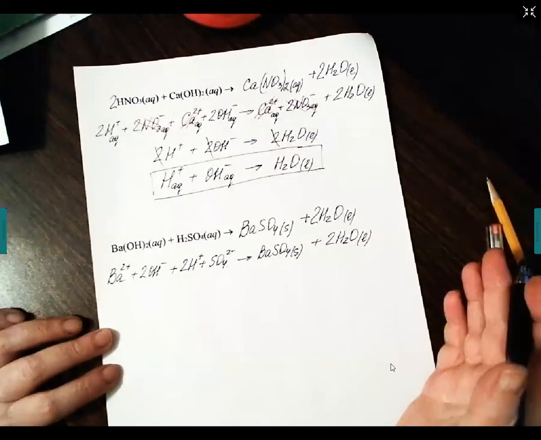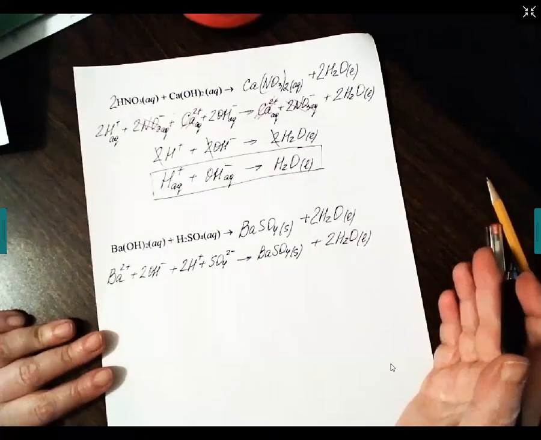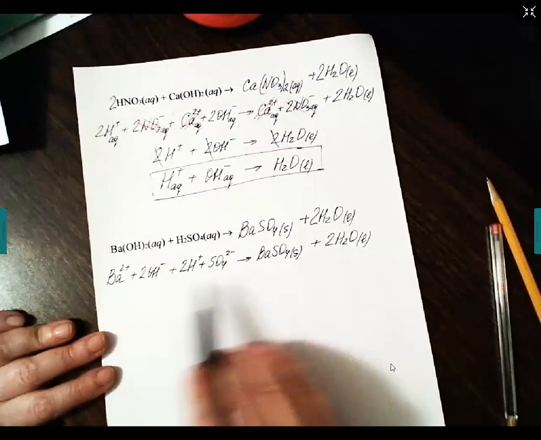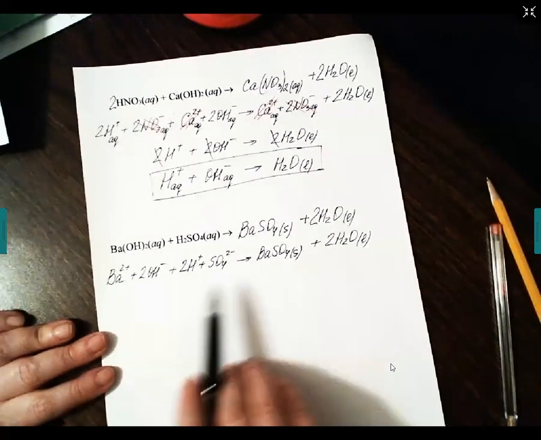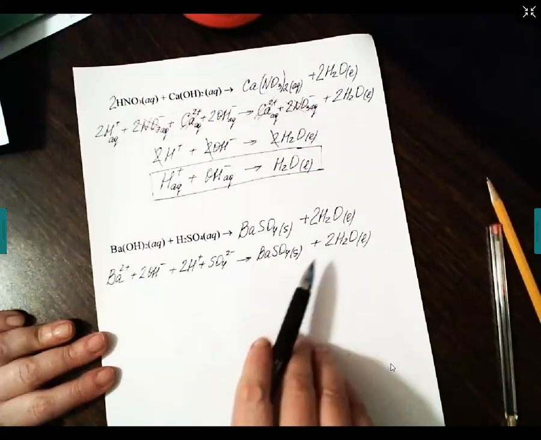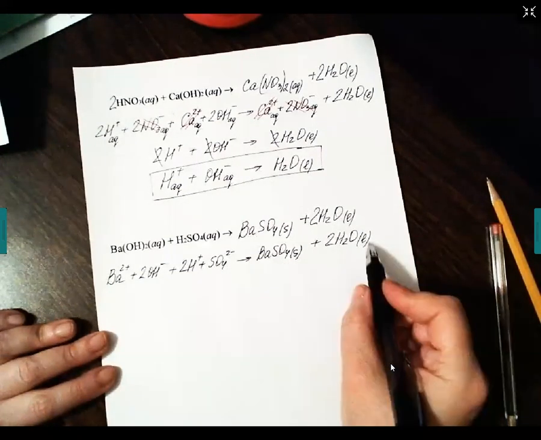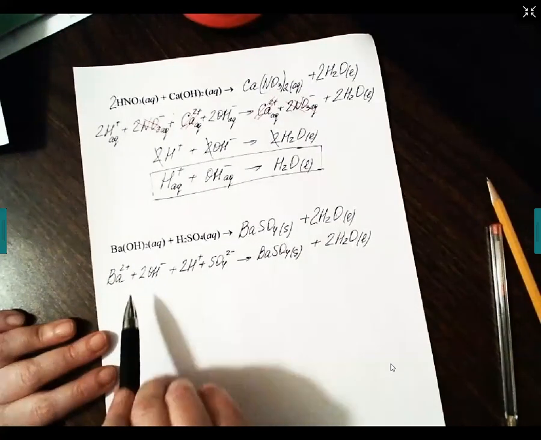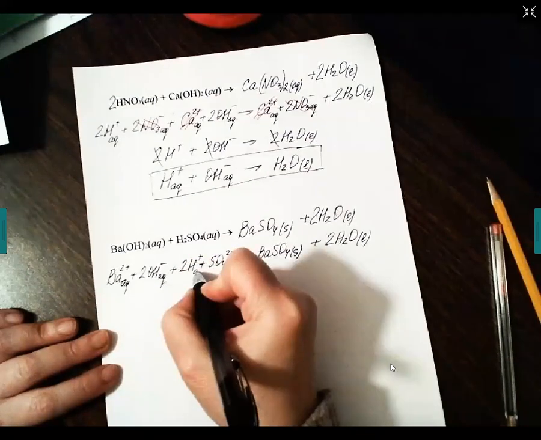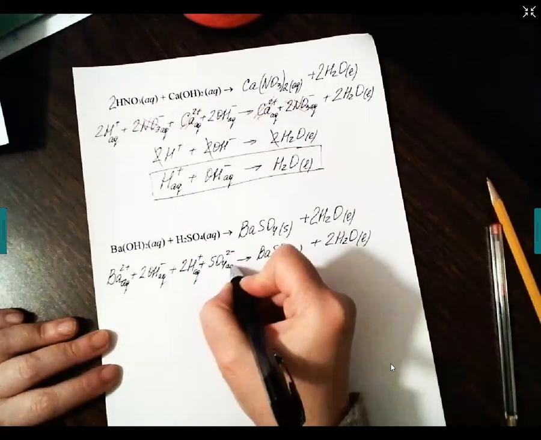So we don't have any ions on the right side. We don't have anything to cancel, meaning that in this case our complete ionic is the same as our net ionic. So this equation is both net ionic and complete ionic.